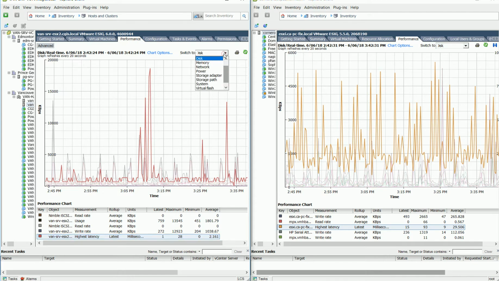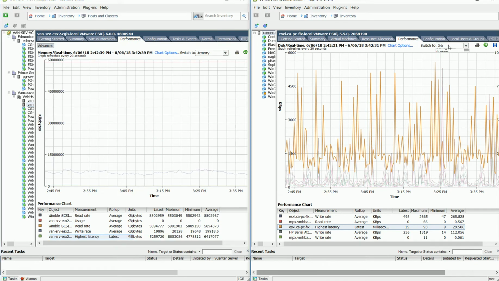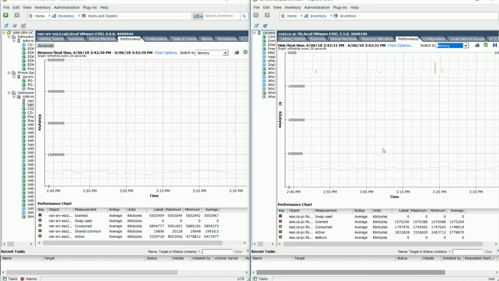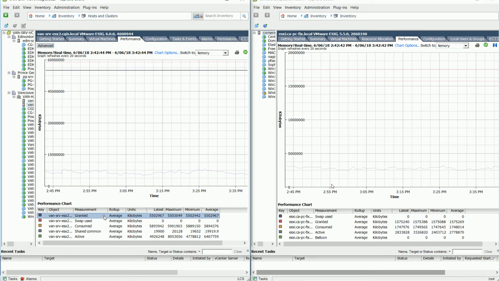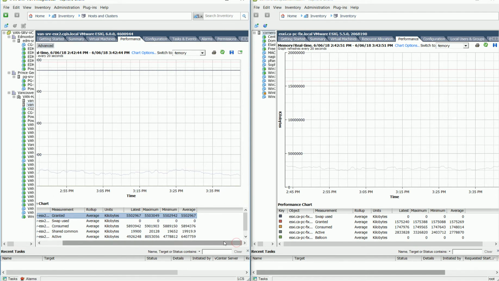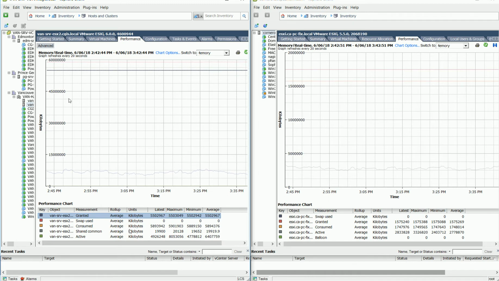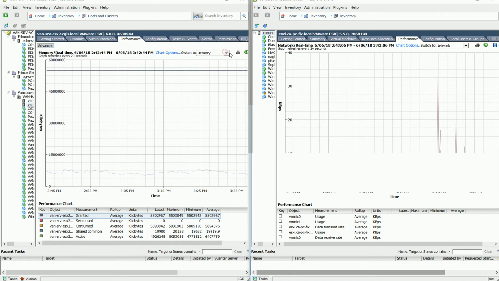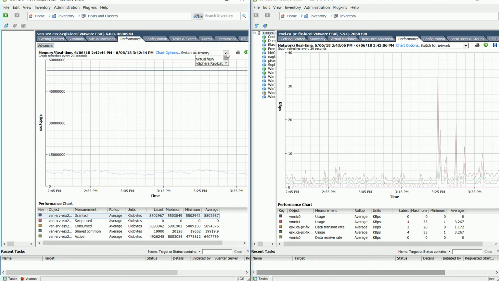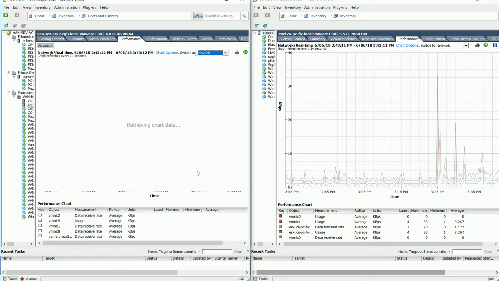Let's keep going. Memory is just how big it is and how much is in use. For sure this left-hand server has much bigger memory, and you can see the numbers here. Network is just about how busy the server is.